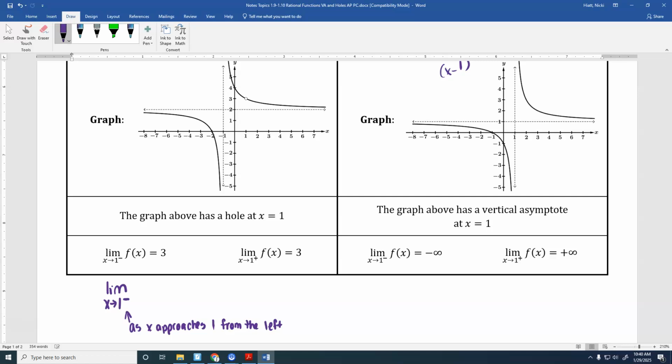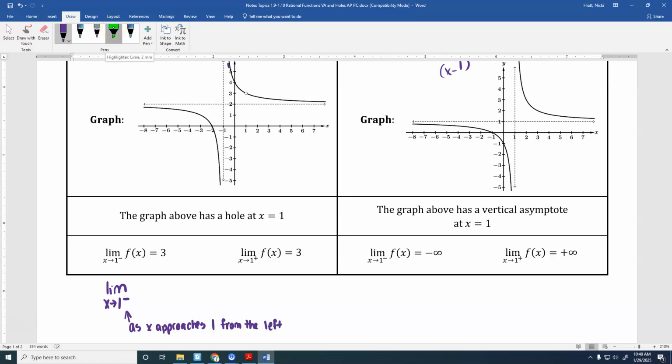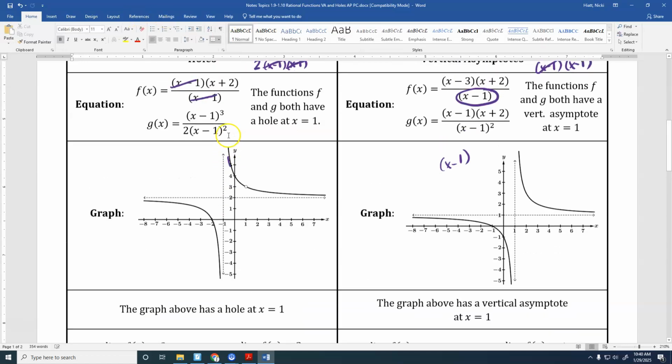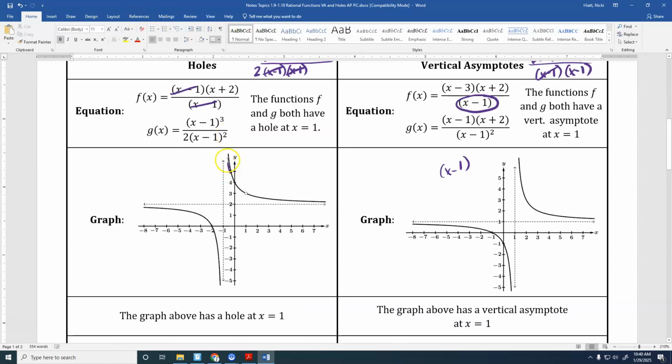What you're doing when you talk about the limit here is thinking about tracing the graph from the left side. I'm just going to have to use the pointer. If I trace this graph from the left side, getting closer and closer to where x equals 1, I'm thinking about what happens to my y value.